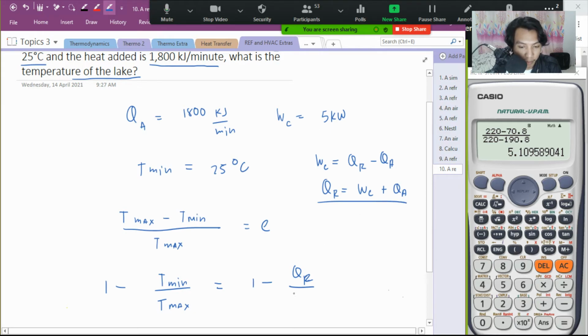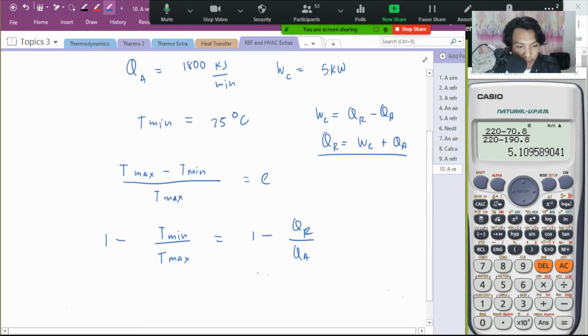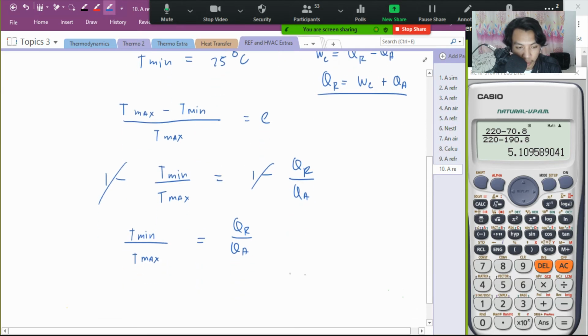So, QR over QA. Ngayon, in order to simplify this, anong hinahanap? Tmax, okay? Cancel natin yan. T minimum divide by Tmax equal to QR over QA. Anong hinahanap natin?